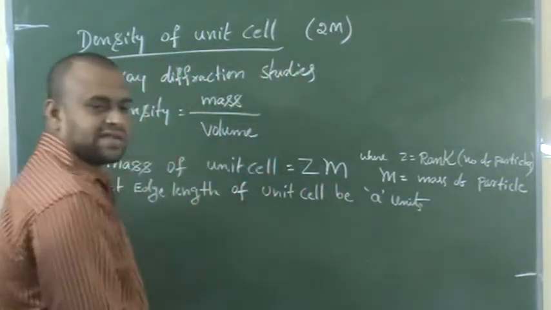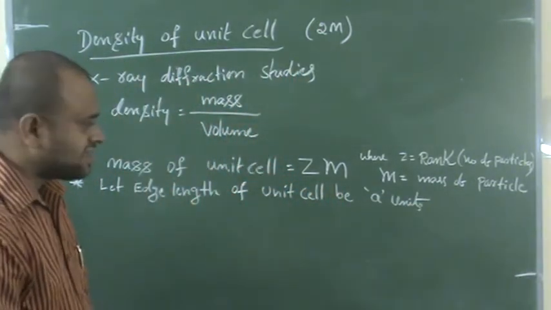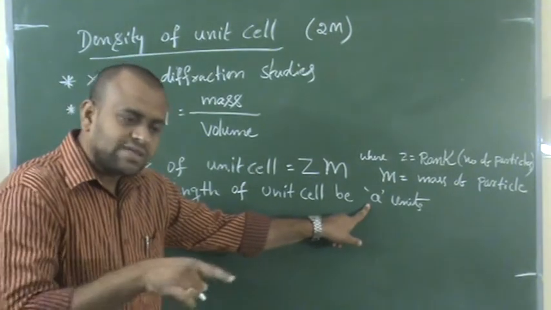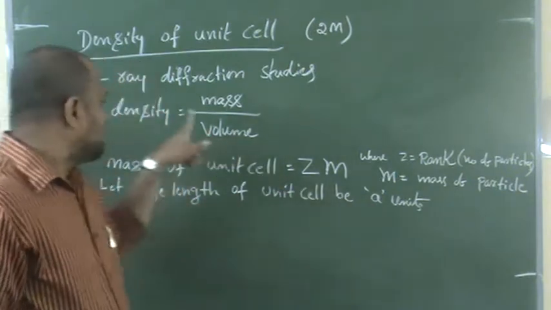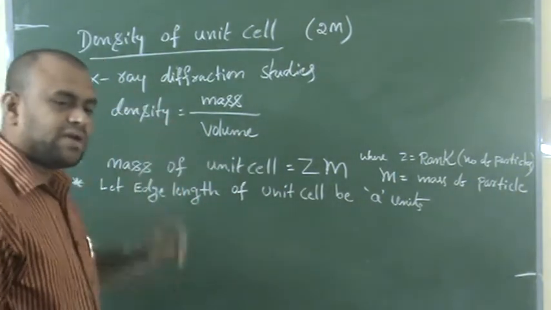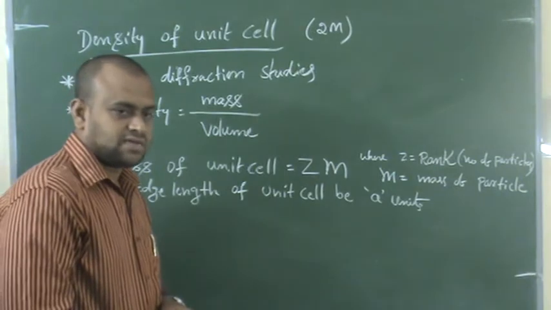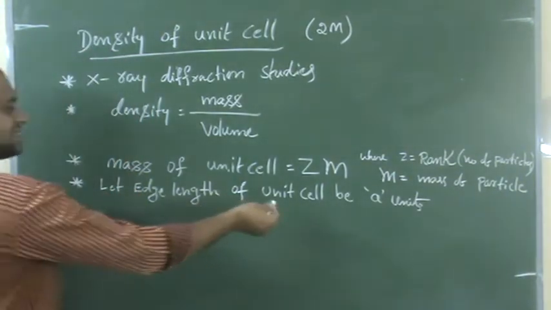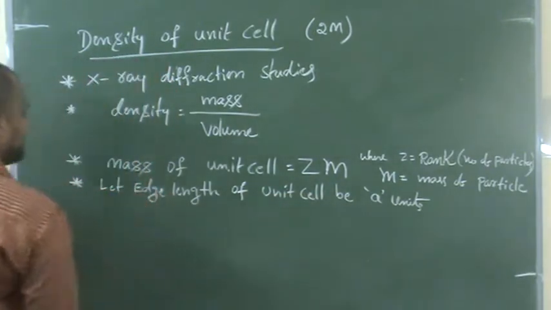How can we know the edge length of the unit cell? By X-ray diffraction. Understood? Okay. Let the edge length of the unit cell be a units.